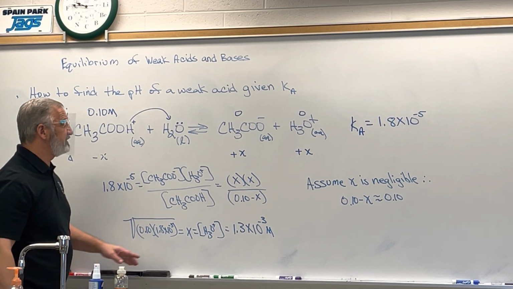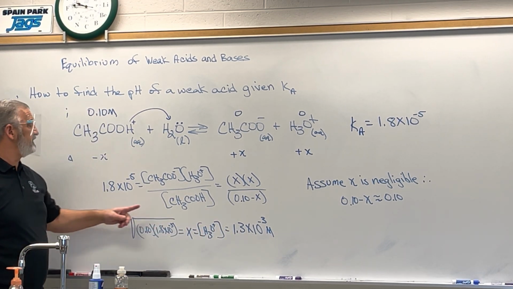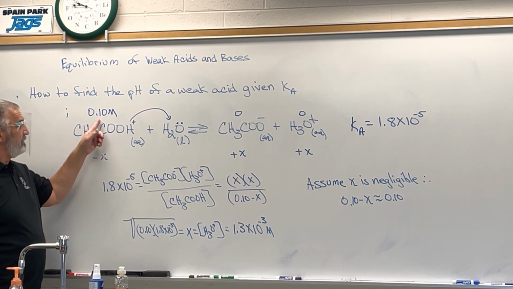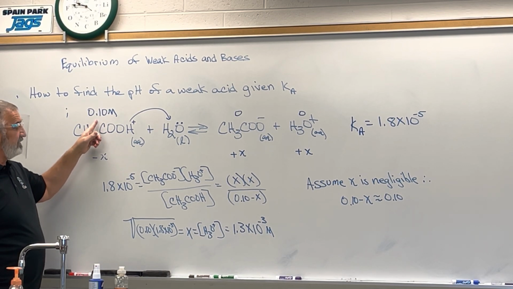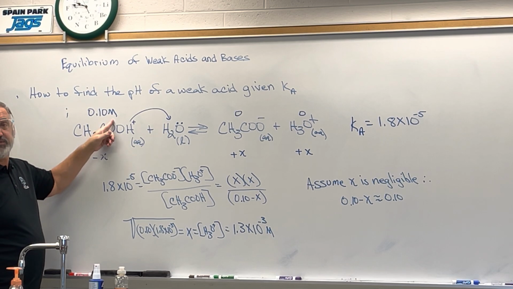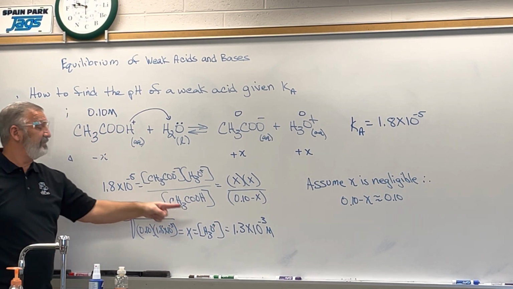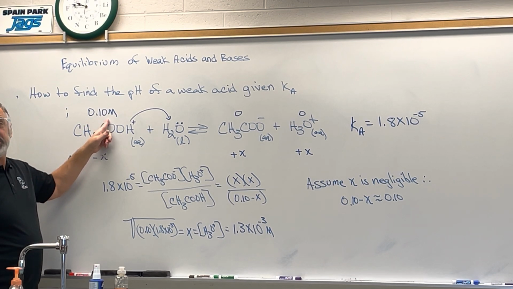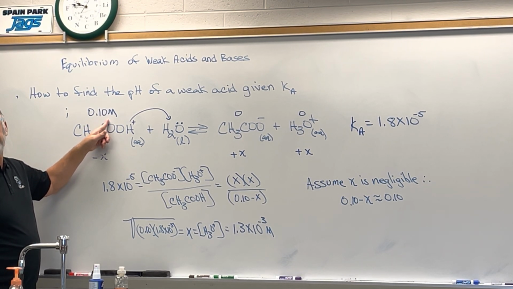So notice it's 1.3 times 10 to the minus 3. If we had done 0.1 minus that, we would have gotten 0.9987. Still, to 2 sig figs, it's going to be 0.10.